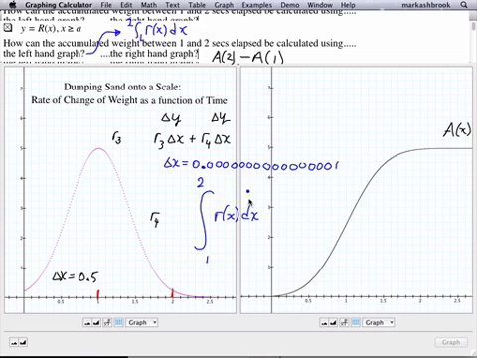We said when delta x is sufficiently small, our accumulation, we have this shorthand notation. Okay? And so what does that equal? A of 2 minus A of 1.